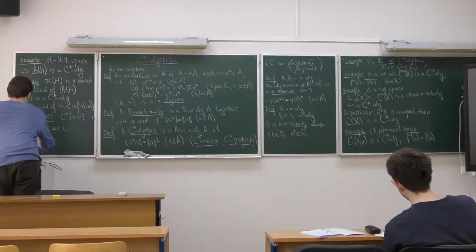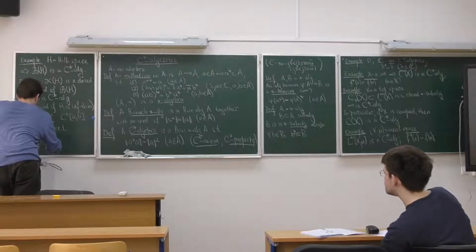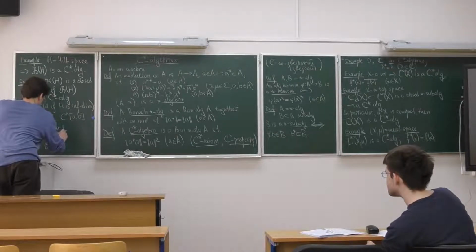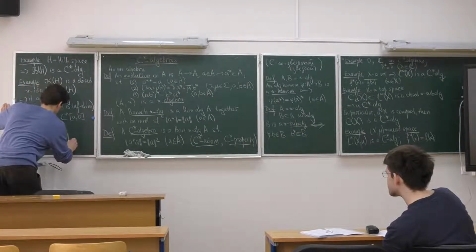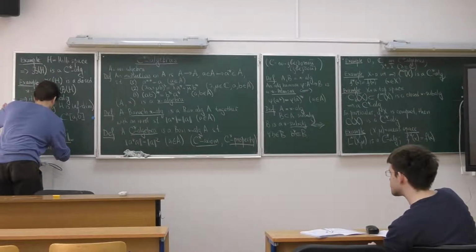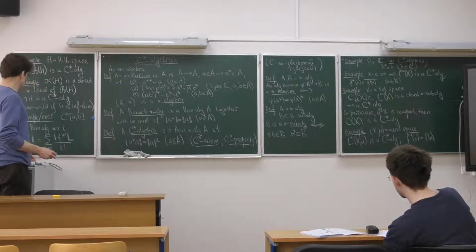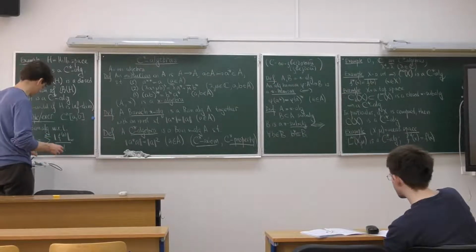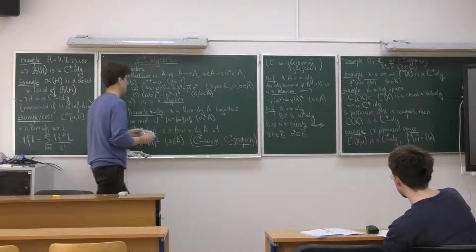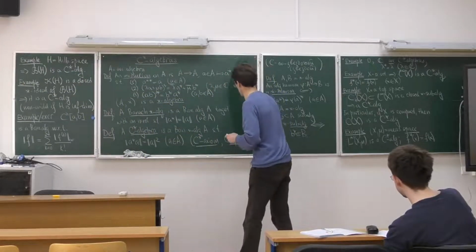So the standard norm on this algebra is the following sum from 0 to n. For each k from 0 to n, we take the kth derivative of f, take the supremum norm, and divide by k factorial. So this is the standard norm on this algebra, and it is a simple exercise to show that it is a Banach algebra, because this norm is submultiplicative.